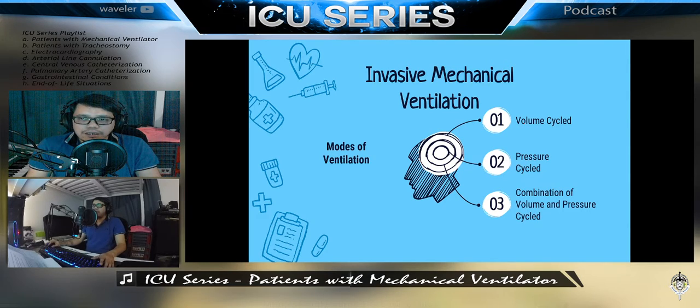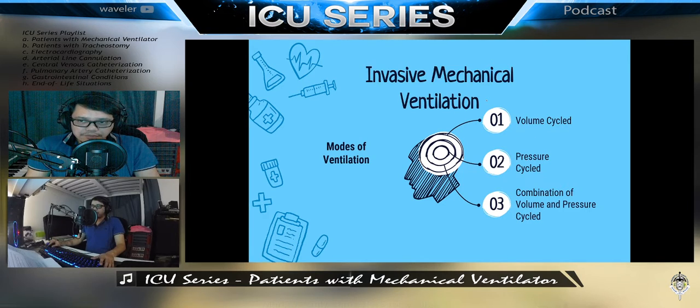Under volume cycled, there are two common modes also, which are volume controlled, which is the simplest and most effective form, and SIMV, or the synchronized intermittent mandatory ventilation. With SIMV, it is synchronized with the patient's effort to breathe.